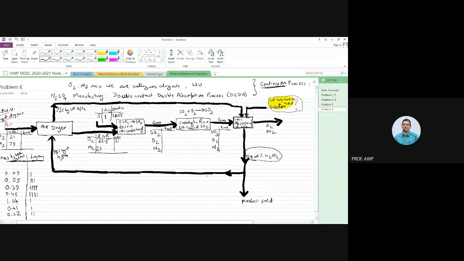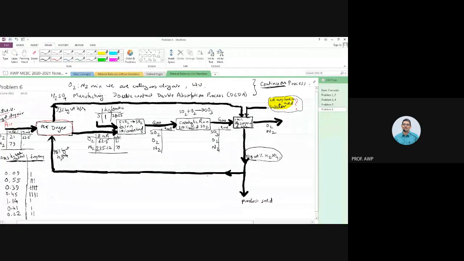Now, if you take this air dryer as a control volume, all the oxygen and nitrogen that we are supplying must be coming from the fresh air, on a dry basis, which is 21 and 79. So this oxygen must be 62.5 and this nitrogen must be 235.12.